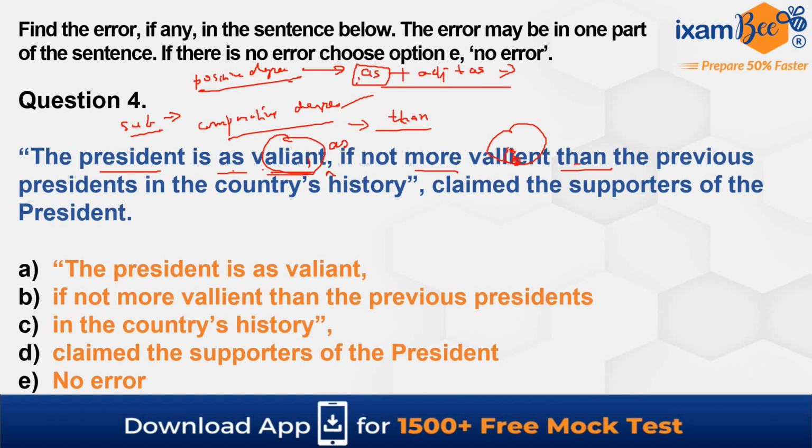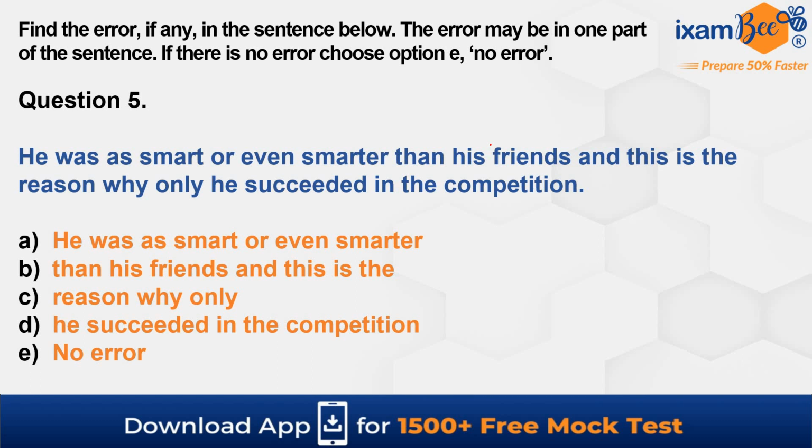So this is your answer A. Now you know the fourth rule. Whenever we have a single subject being qualified by an adjective twice, and the adjectives are used in different degrees, then the positive degree should have the "as plus adjective plus as" structure, and in the comparative degree you must have "than" with this. Okay, all right, let's move to the next rule now.